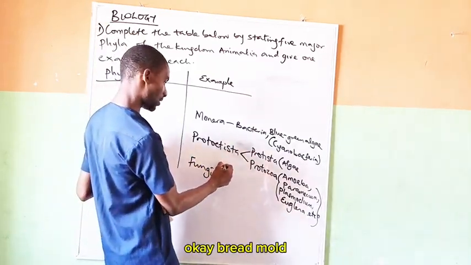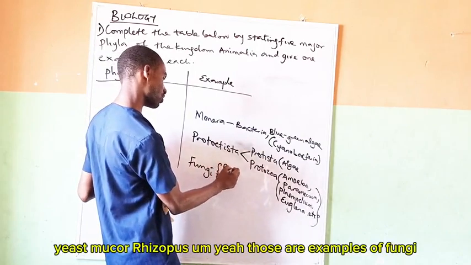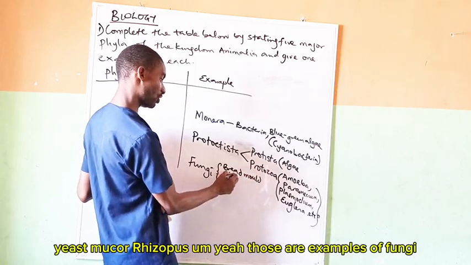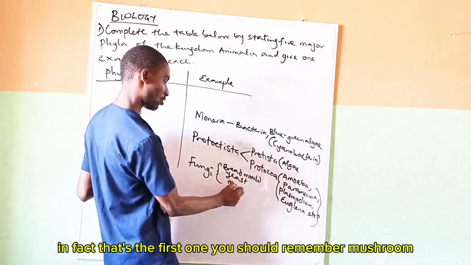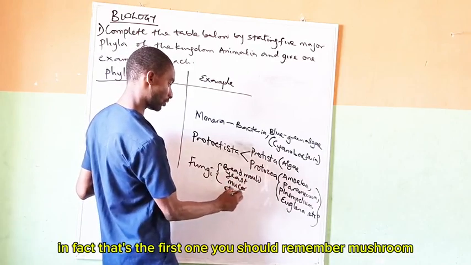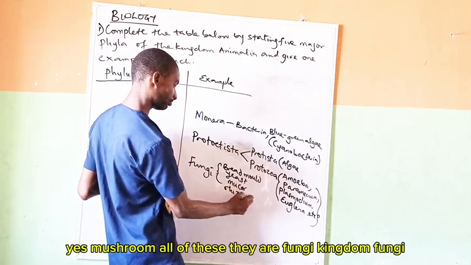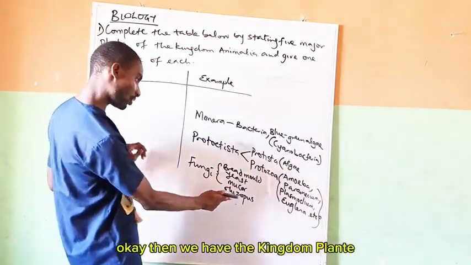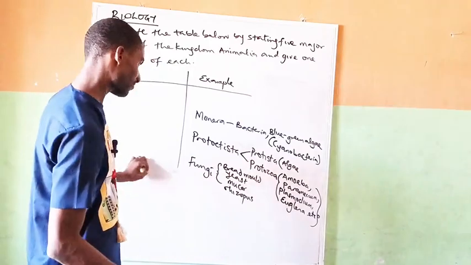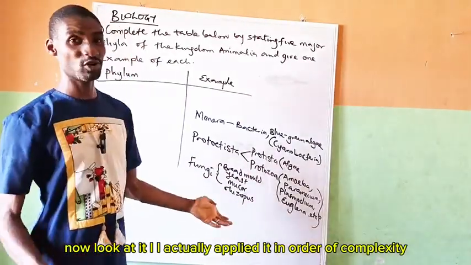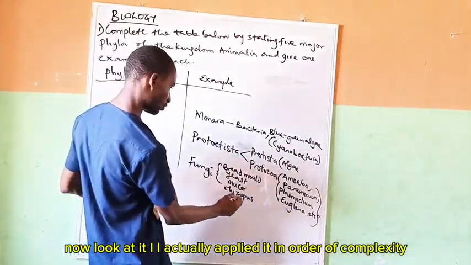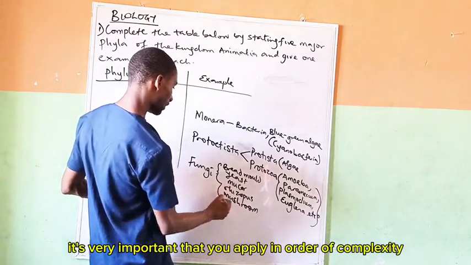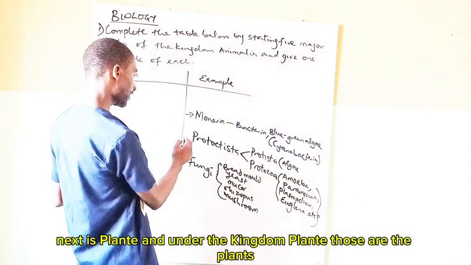Examples are your bread mold, yeast, mucor, rhizopus. Those are examples of fungi. What about your mushroom? In fact, that's the first one you should remember. Mushroom, yes. All of these are fungi, kingdom Fungi.